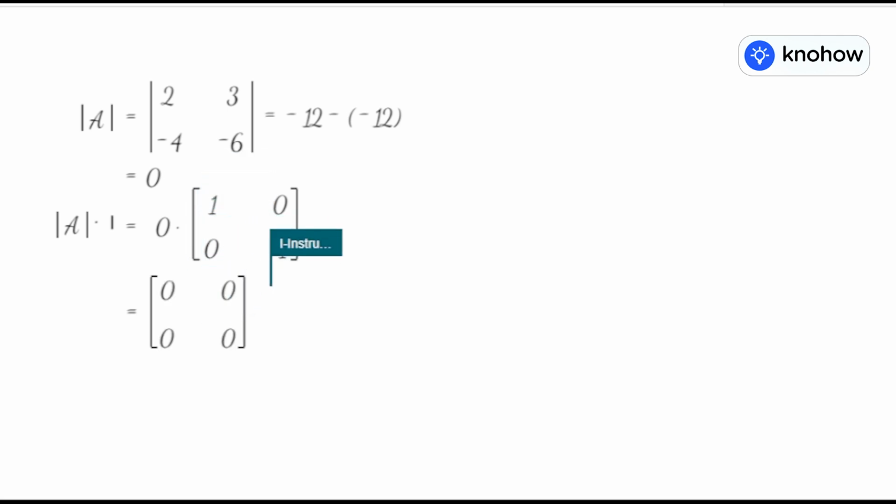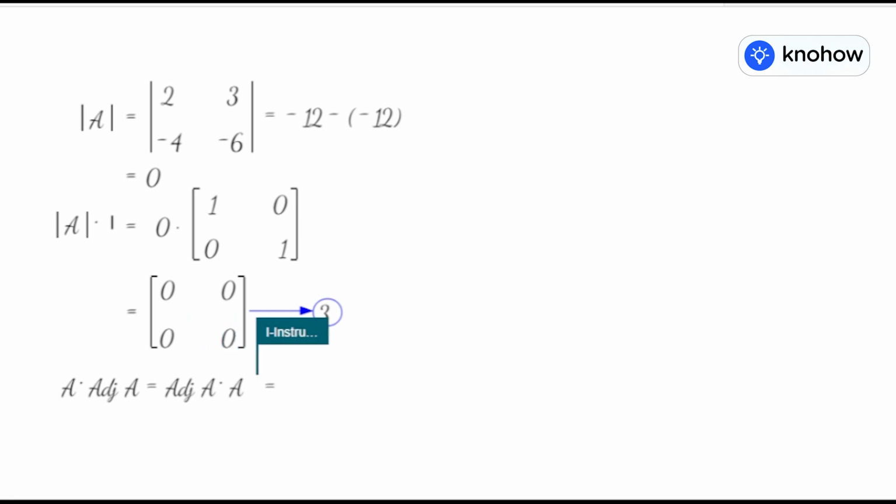Comparing the second and third, we find that A into adjoint A is the same as adjoint A into A and is equal to determinant A into I, because each one of them is a zero matrix of second order, and that's what we have to prove.